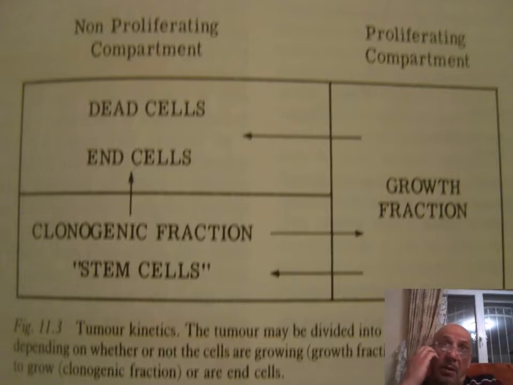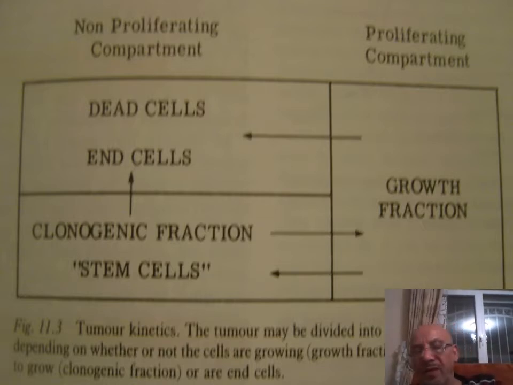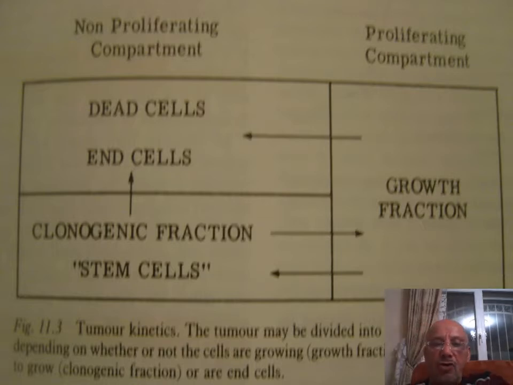Those are supportive structures for the tumor to survive. If we take the malignant or proliferating portion of this tumor mass, we will find different types of cells. We have what are called the clonogenic cells or stem cells, and usually those are in a quiescent situation.